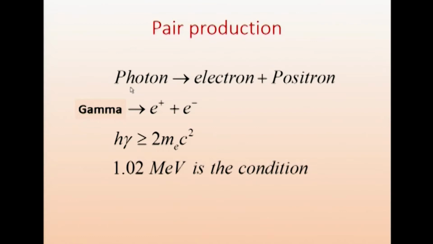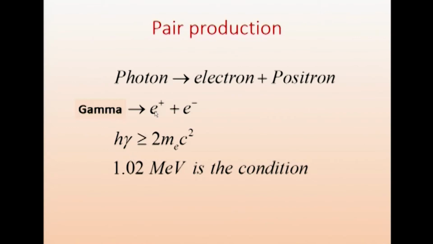For example, if we take a gamma ray striking a material, we get e+ and e-, a positron and an electron. Gamma is chargeless; here we get one positive charge and one negative charge, so the charges cancel on the right hand side also. The energy of the gamma is h nu.